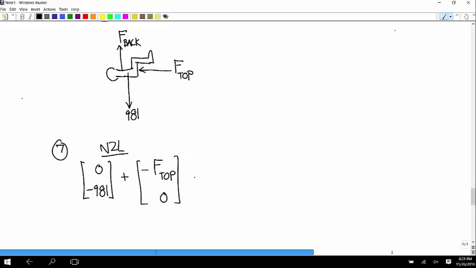The force from the back of the chair is in the positive y direction, so that's 0, F back. And that's equal to the mass times the acceleration. The mass is 100. What do we know about the acceleration? Yeah, that's what we just calculated. So negative 57.60.